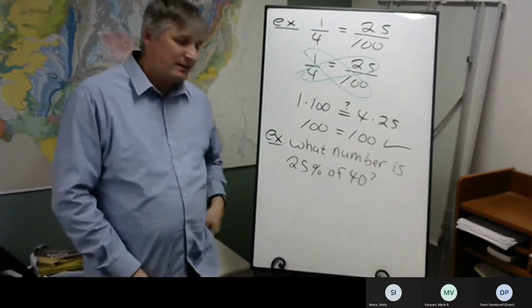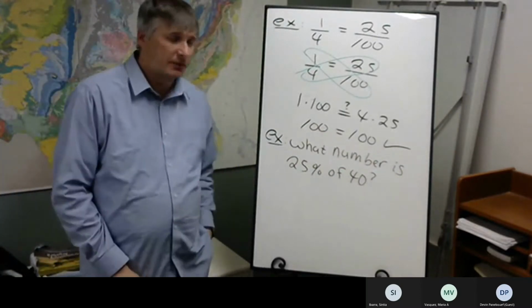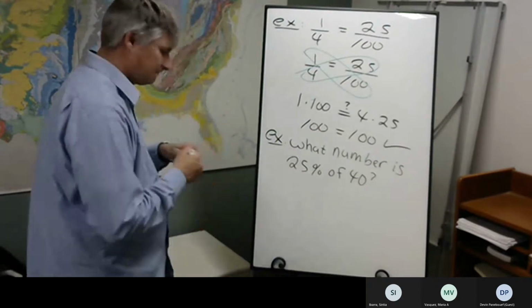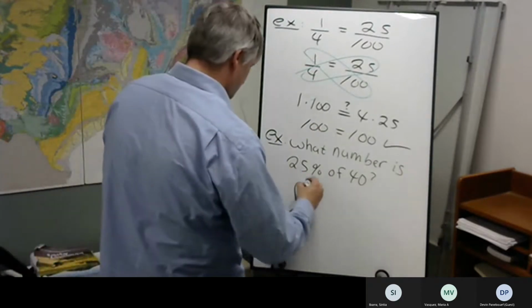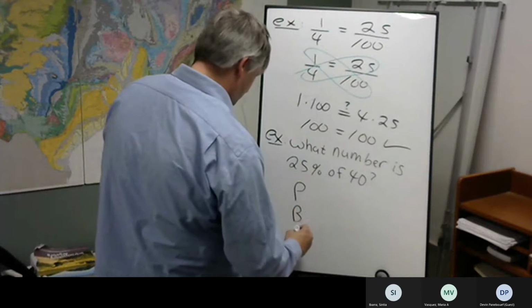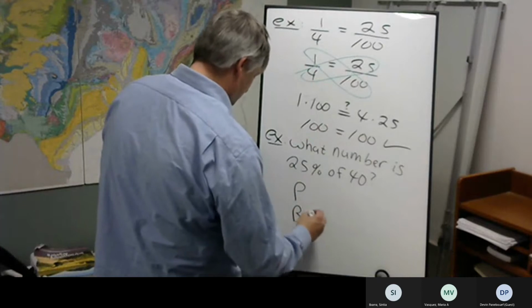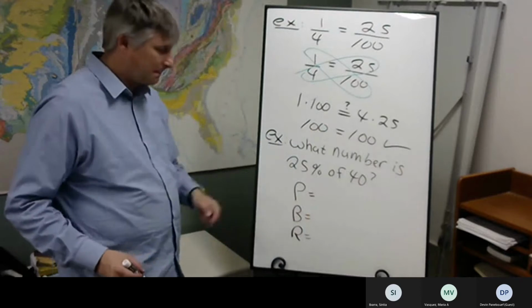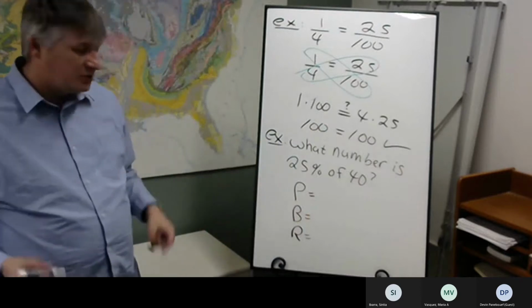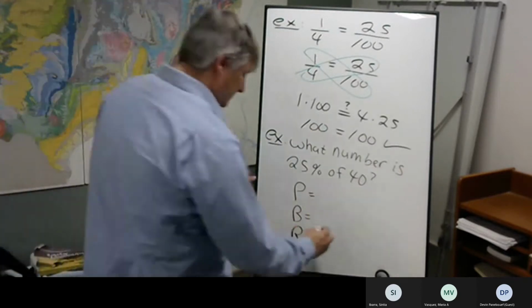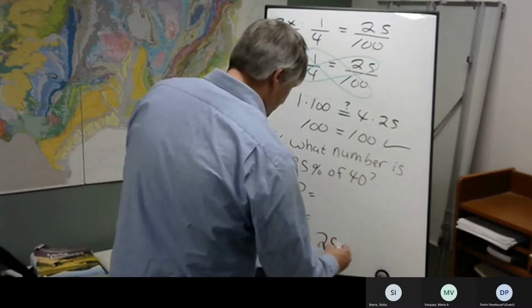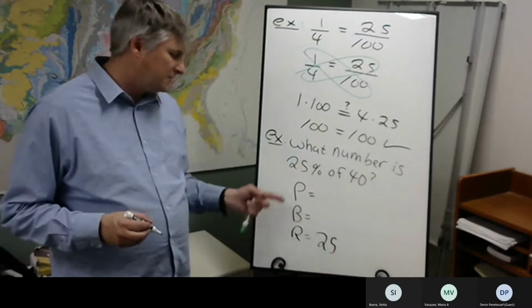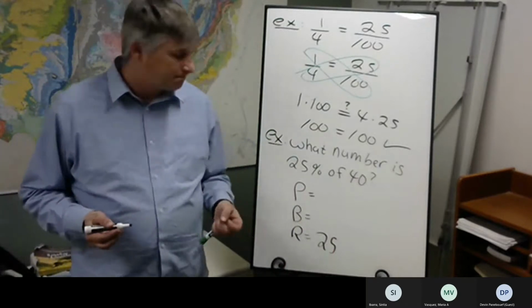So what number is 25% of 40? So the way we do this, this is part, base, and percent. We do have a percent, it's 25. So that's fairly easy. Now this other number, 40, is this a part or a base?